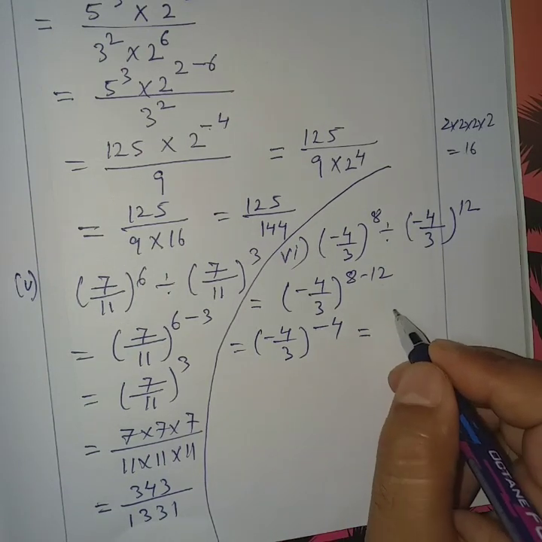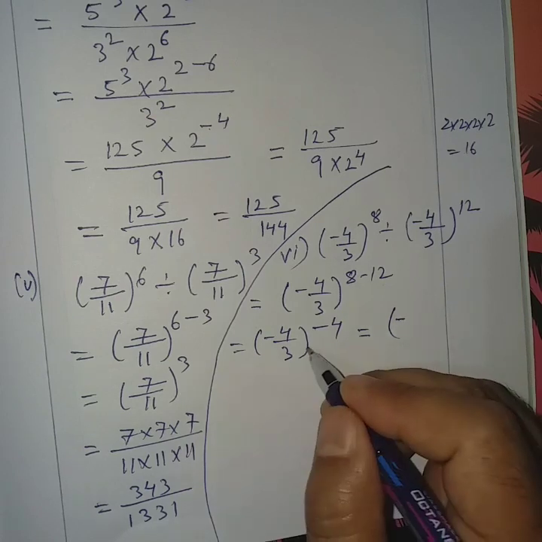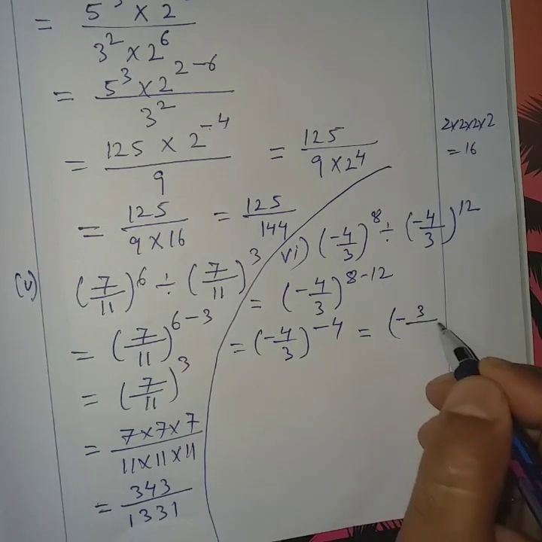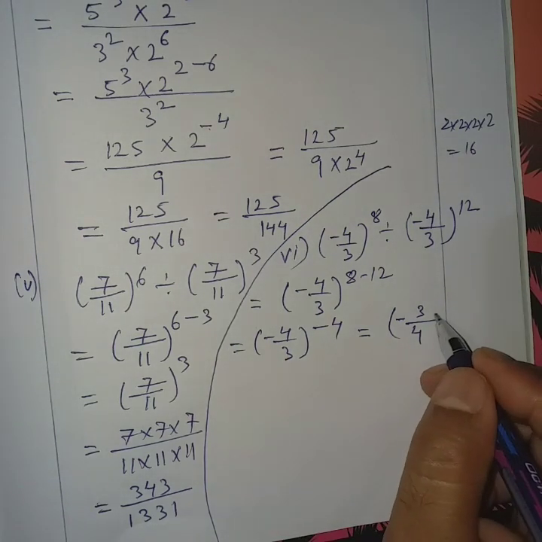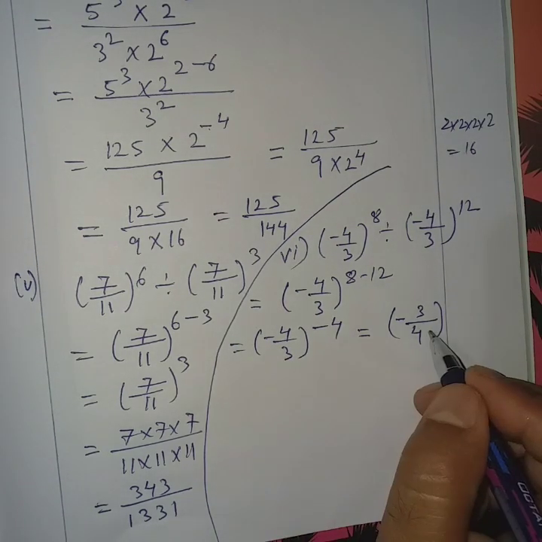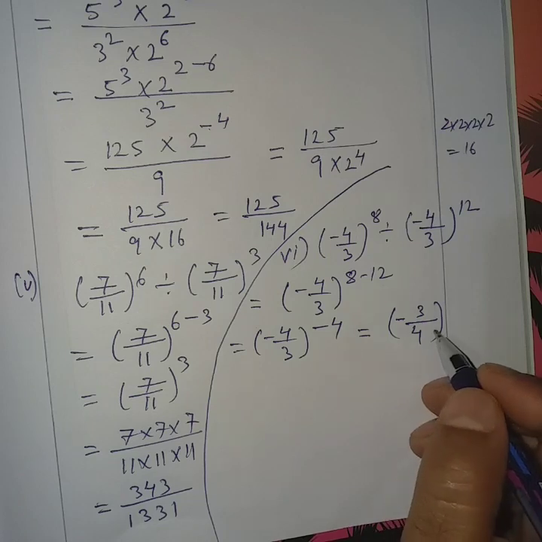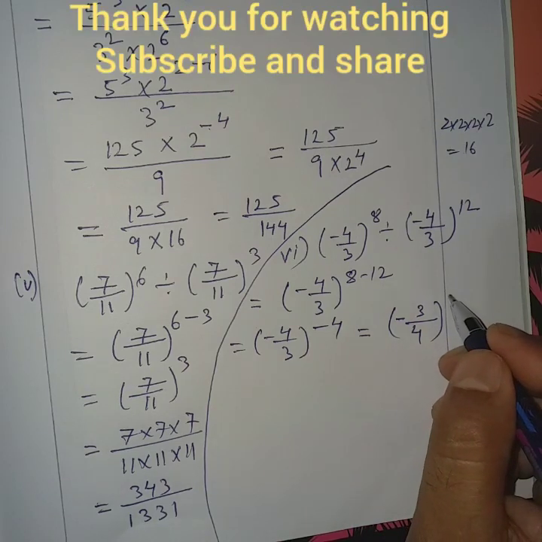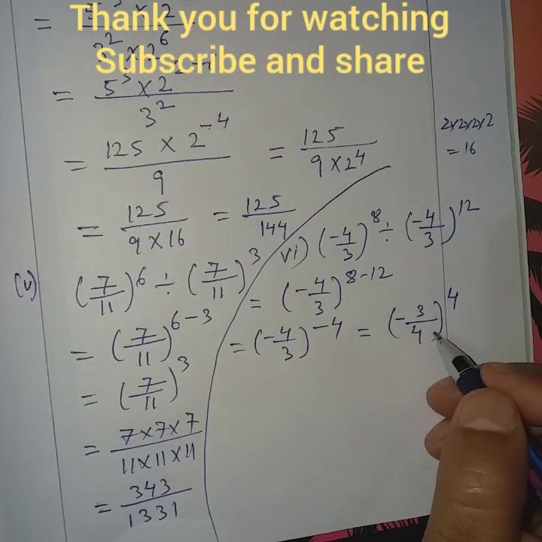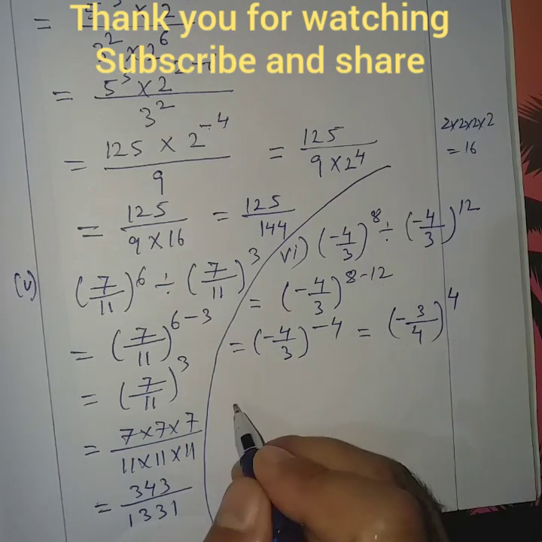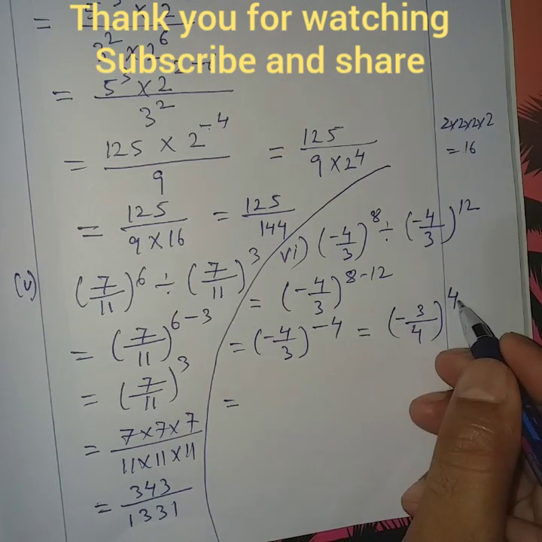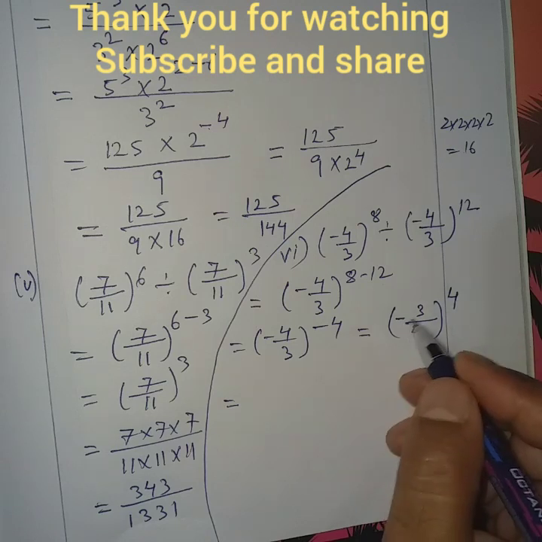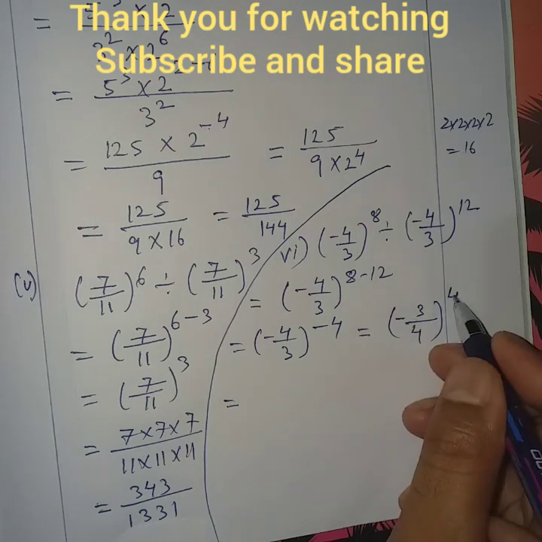To remove the minus from the power, we write the reciprocal: 3 comes in the numerator and 4 in the denominator, and the power is now 4 as we have removed the minus. To find the rational number, minus to the power of an even number becomes plus. 4 is an even number.